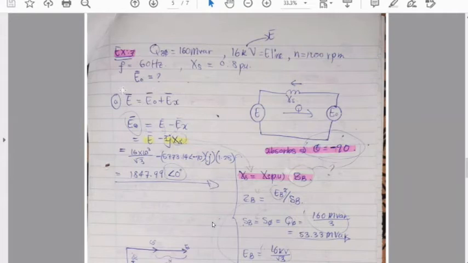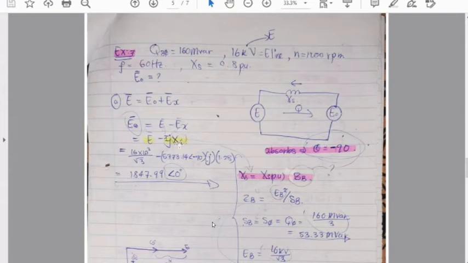So we are calculating E naught. All right, remember I told you all that this equation is a solution to almost all the types of questions you get. So E is equal to E naught plus EX, and E naught is actually equal to E minus EX. Break this down even further, E minus EX is I times j times XS.